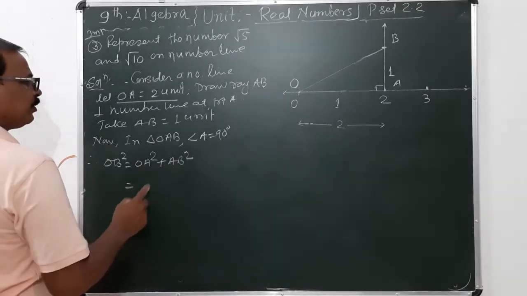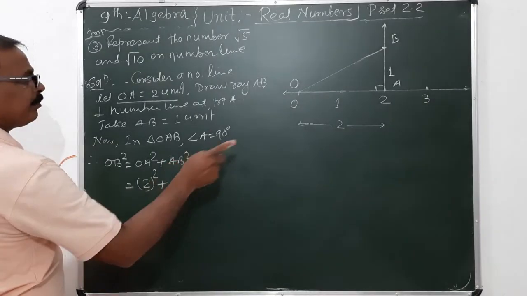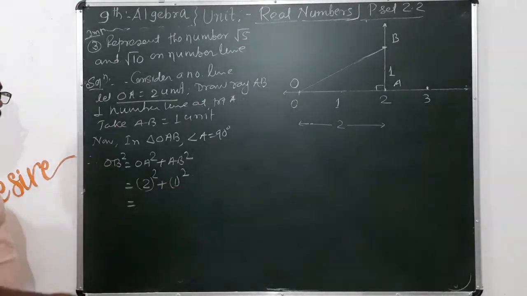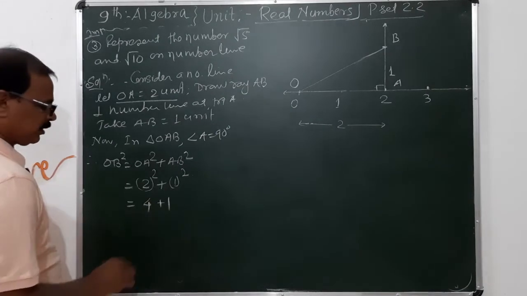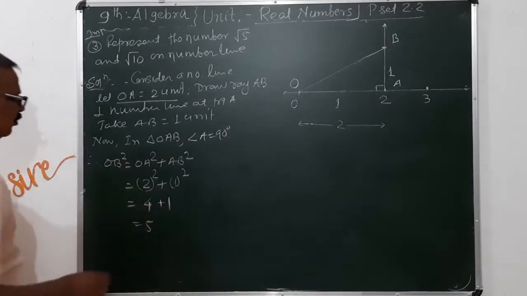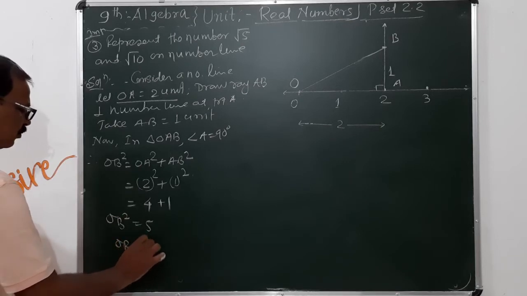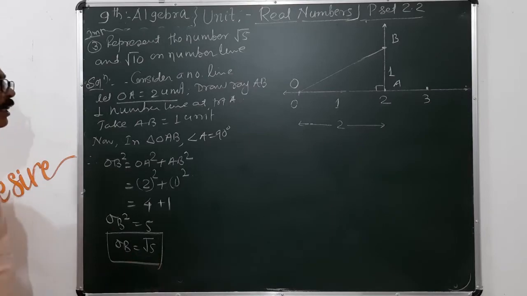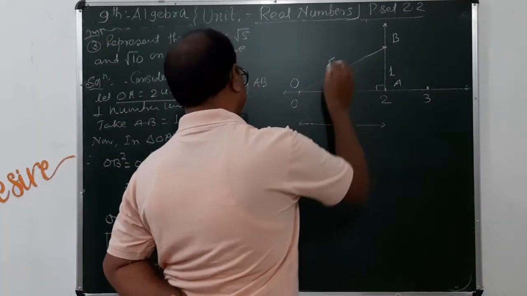OA is 2 units, so 2 whole square, and AB is 1, so 1 whole square. 2 square is 4, and 1 square is 1, and therefore this is equal to 5. OB square is equal to 5, therefore OB is equal to root 5 units.